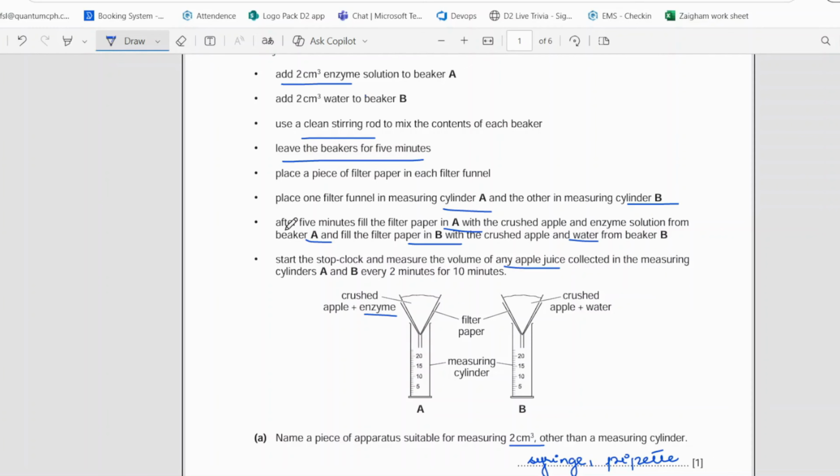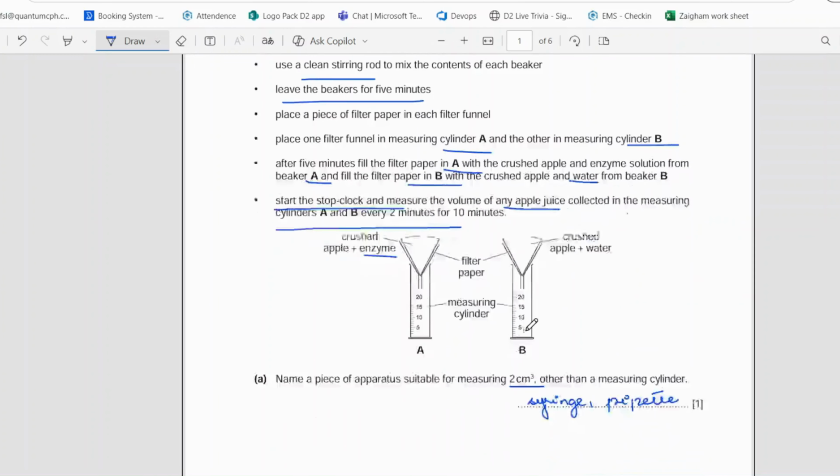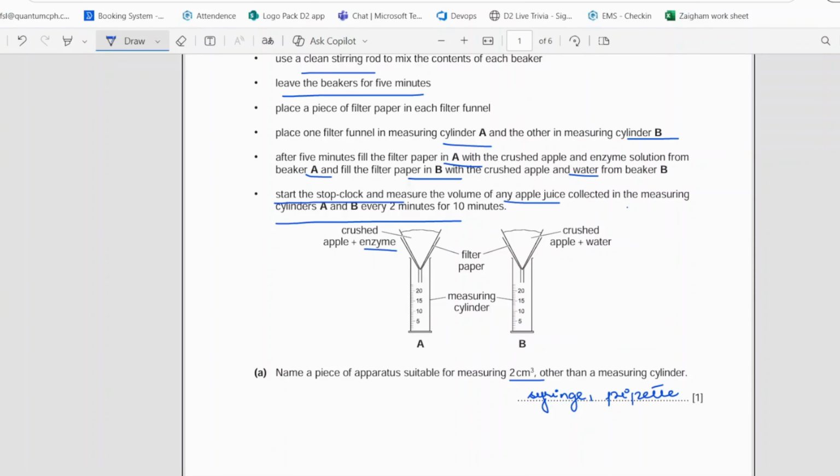After 5 minutes, the filter papers A and B would be filled with the crushed apple enzyme solution from both beakers, and the stopwatch is started. The volume of apple juice collected in the measuring cylinder is measured every 2 minutes for 10 minutes, to have comparable results.